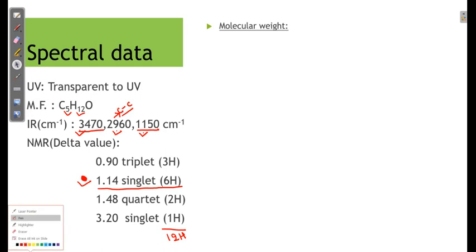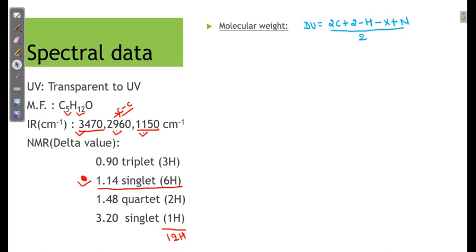According to the given molecular formula of this compound, I can calculate the DU. The equation is (2C plus 2 minus H minus X plus N) divided by 2. This is the degree of unsaturation formula, and from that I calculate the possible DU.